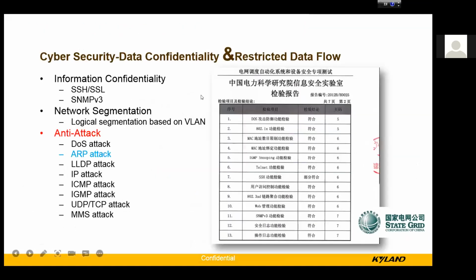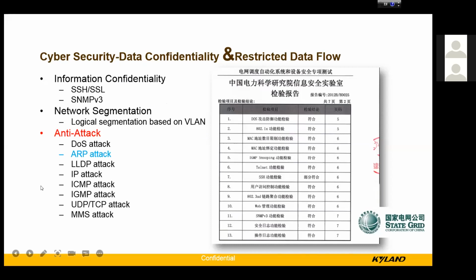And this is the data confidentiality and restricted data flow. We can use SSH, SSL, and SNMP v3 to achieve data confidentiality. And we can use VLAN to get virtualized segments on the switch.